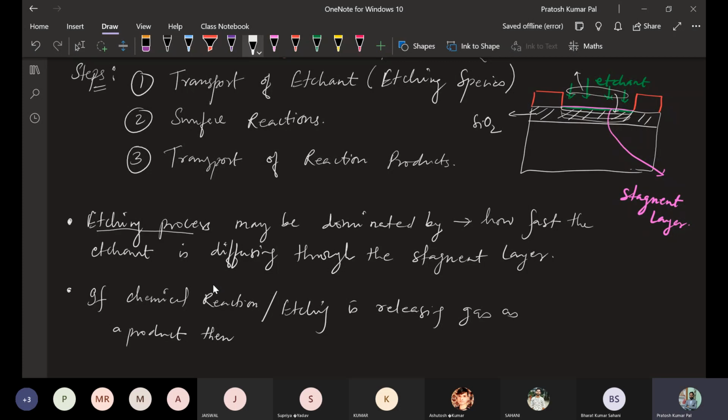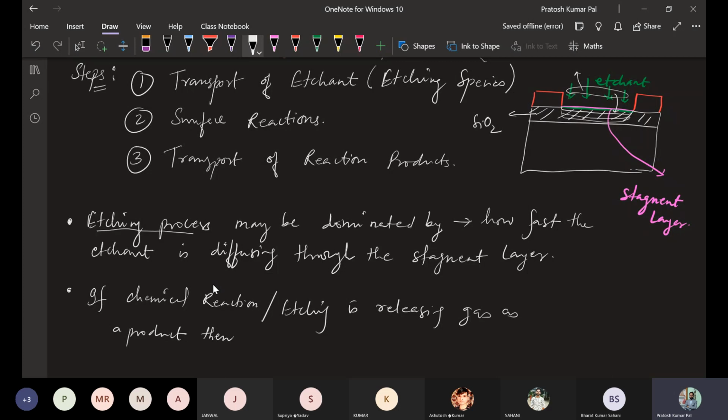If there is a stagnant layer, and the chemical reaction that is going to take place is forming a stagnant layer of reaction product, that needs to be removed or is deposited there, then the etching will basically depend on the diffusion rate.